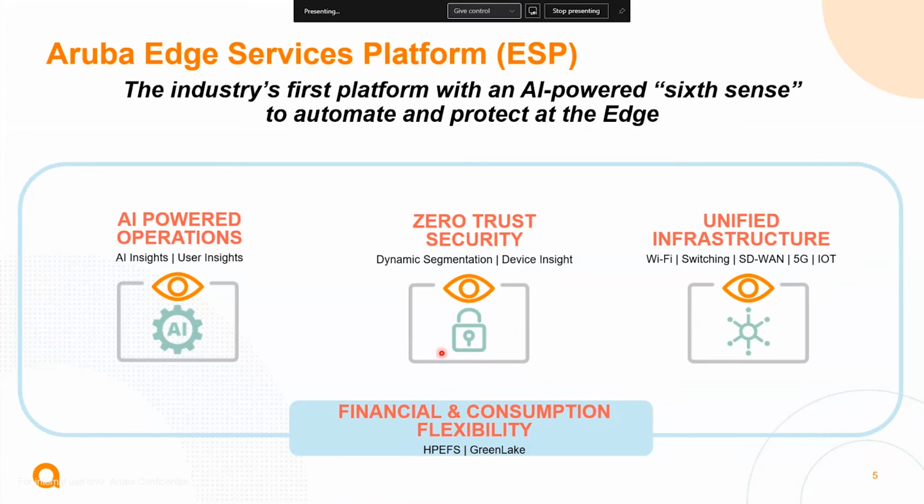The third thing is what we call AI-powered operations. We need to enable AI-powered operations, which bring a sixth sense to a secure unified network in order to give efficiency and abilities that our network didn't have before.